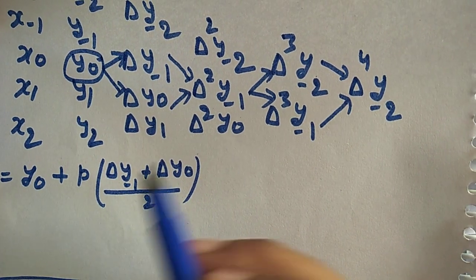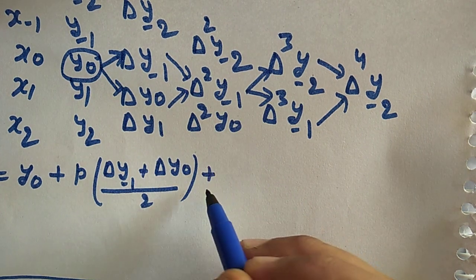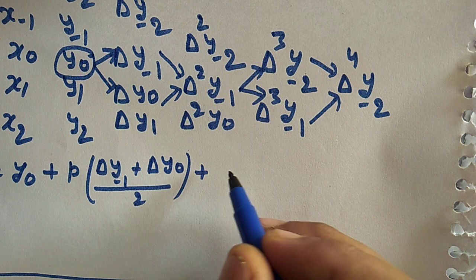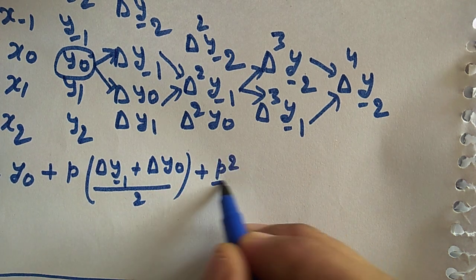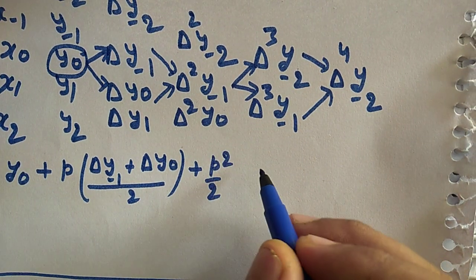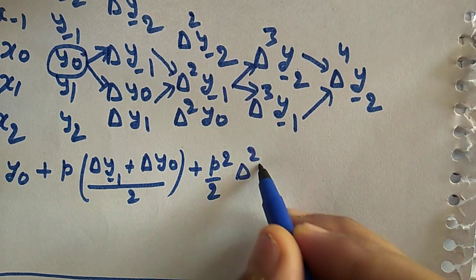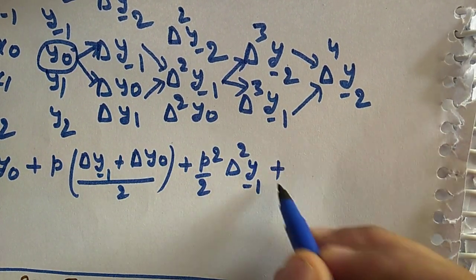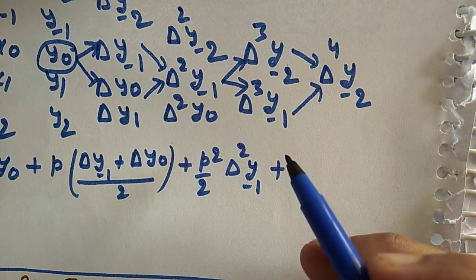Then we move further, plus p square by 2 factorial times delta square y minus 1, plus now the average of these two terms.